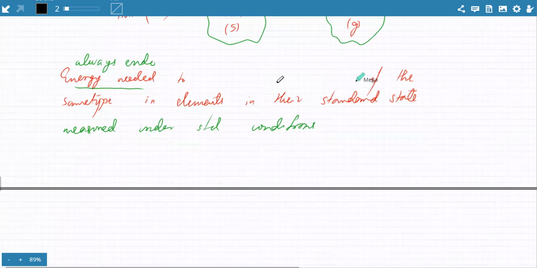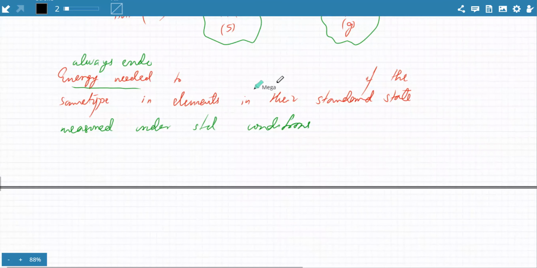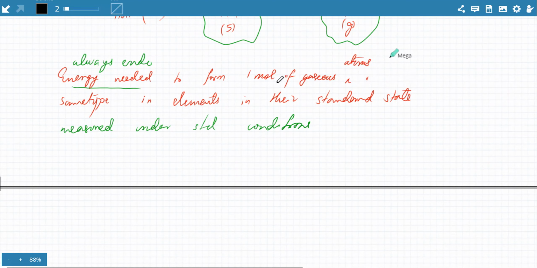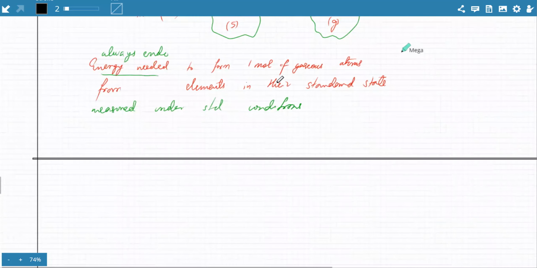It was the energy needed to form 1 mole of gaseous atoms from elements in the standard state.